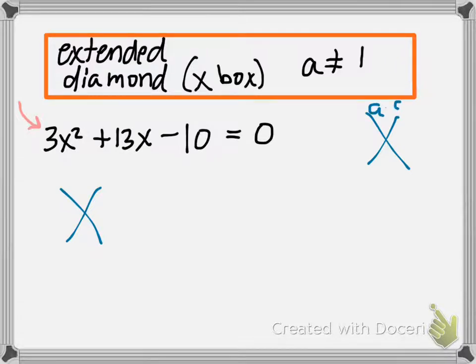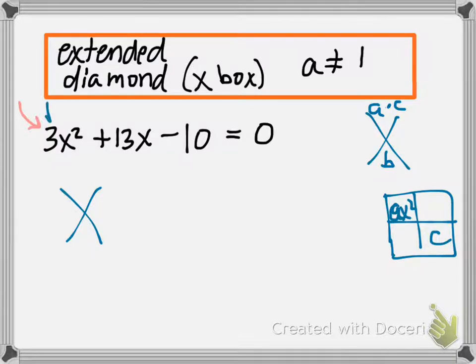This is when you do a times c on top, b on the bottom, and then ax squared, c goes here. On the top here, we would do 3 times negative 10, so that's negative 30, and then positive 13 here. So two numbers that multiply to be negative 30 and add up to 13.